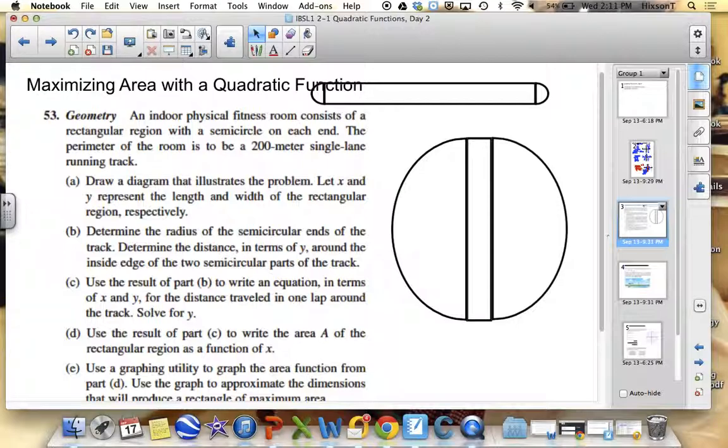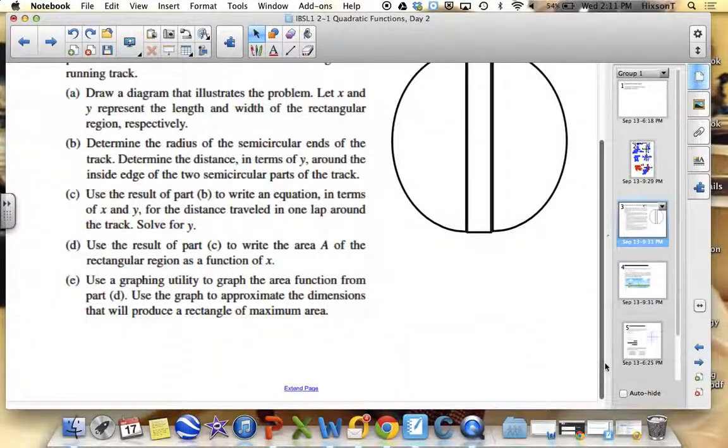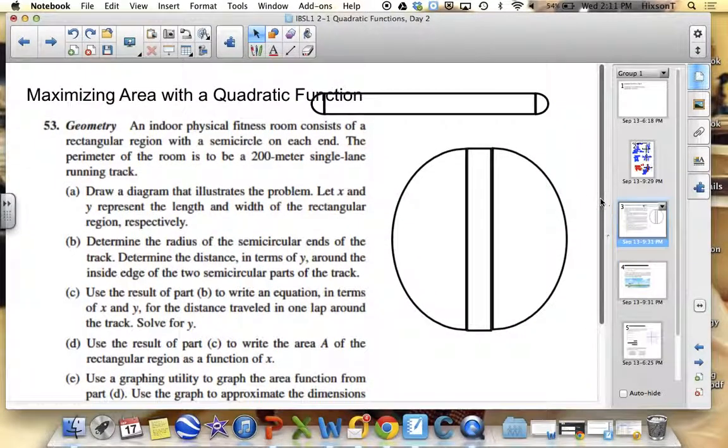What we want to do, though, is maximize, and this is what we're going to end up doing at the end, we're going to maximize the area. Okay, this is an optimization problem. In this case, the best scenario is the scenario where we get the most area inside this track.